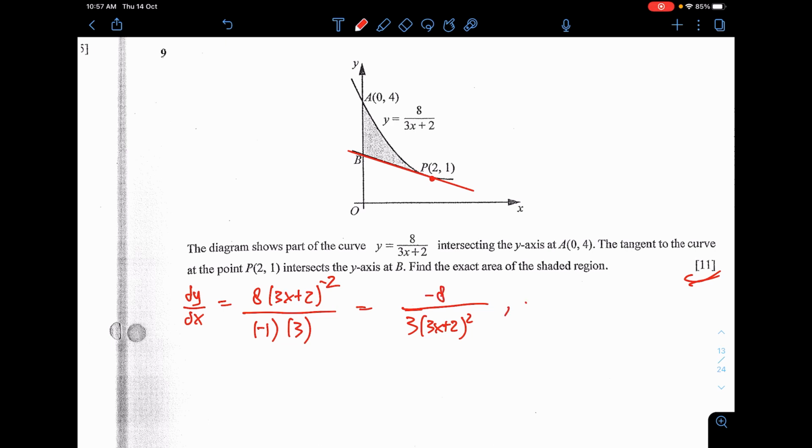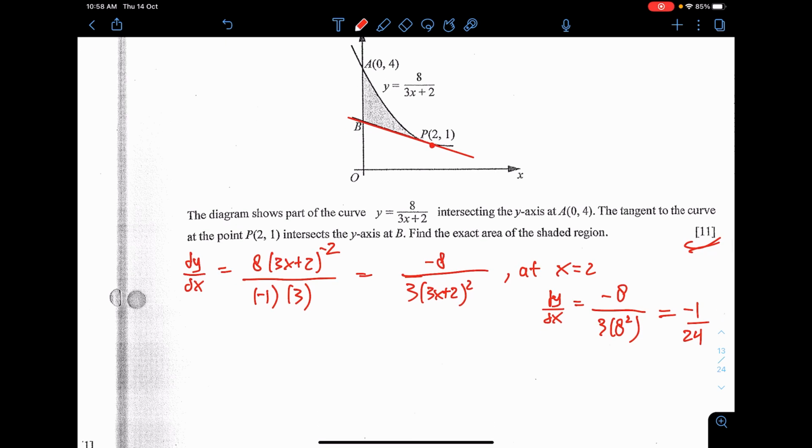Then tell them that at x equals 2, I want to find the gradient, that is the dy/dx. 3 times 8 squared. So then I got negative 1 over 24. That's the gradient. So the line is y equals negative 1 over 24 x. Wait, let me check again. You put x equals 2, you got 5 plus c.